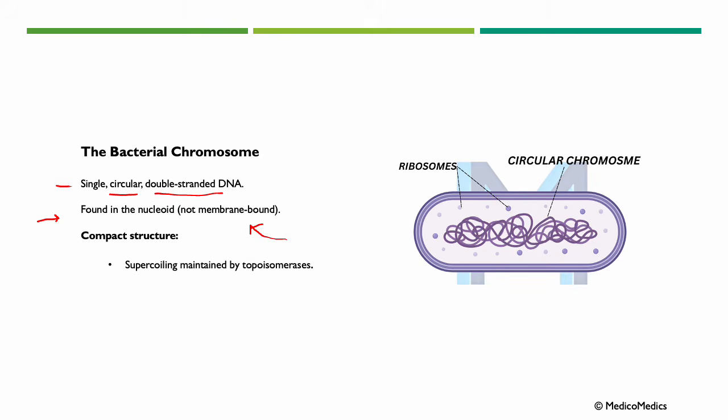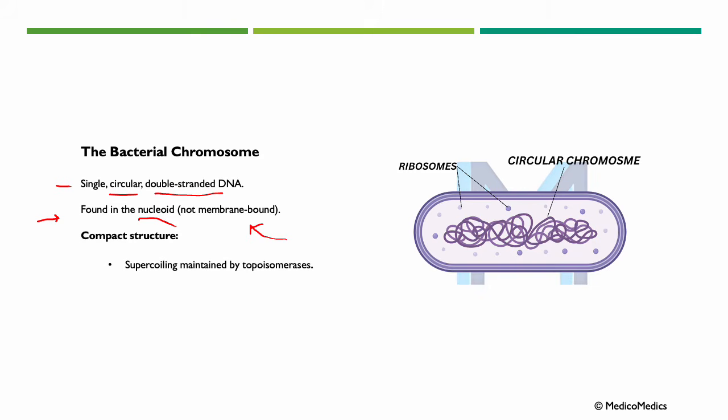Ergo, it is not membrane bound. Unlike eukaryotic cells, bacteria do not have a nucleus. And that's high yield. The bacterial chromosome is found in the nucleoid, a region that is not enclosed by a membrane. And unlike the eukaryotic cell, bacteria do not have a nucleus.